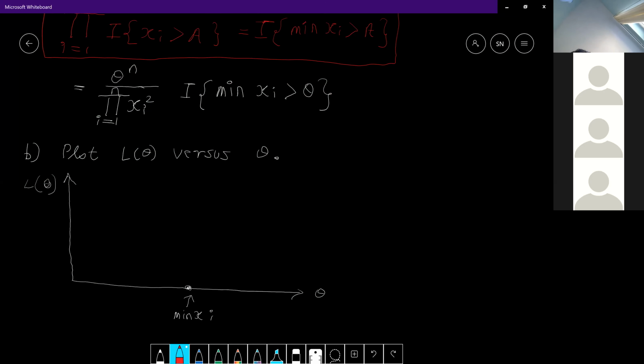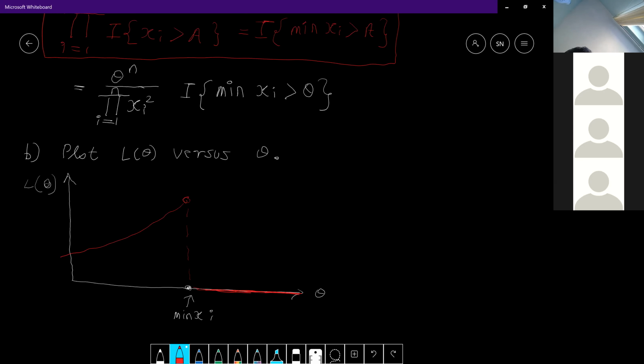It will be increasing, and thereafter it will be 0. Do you see why?